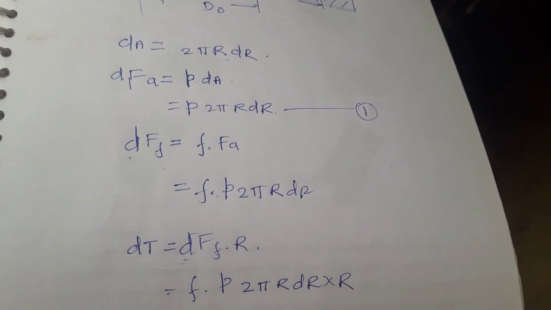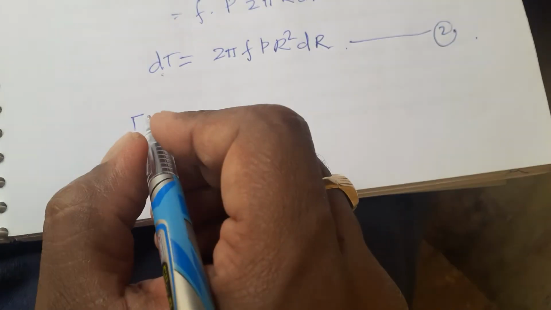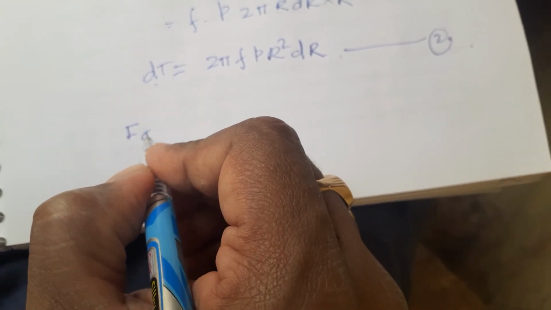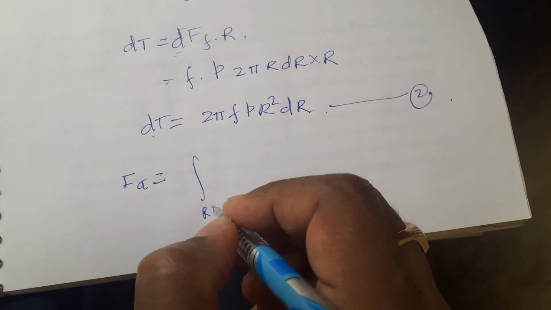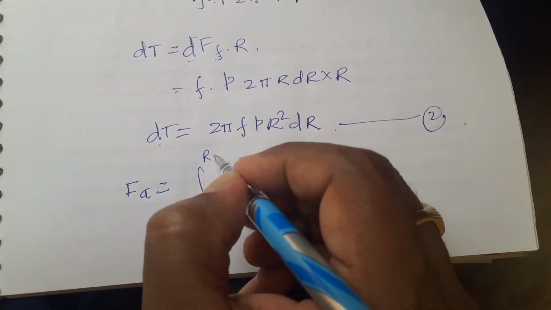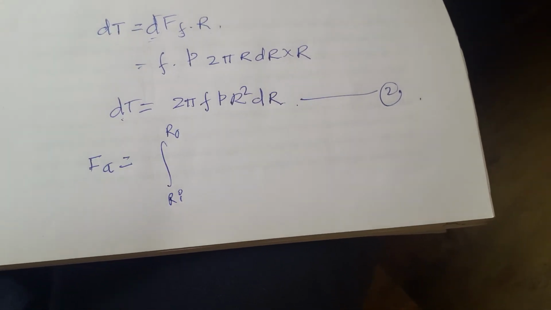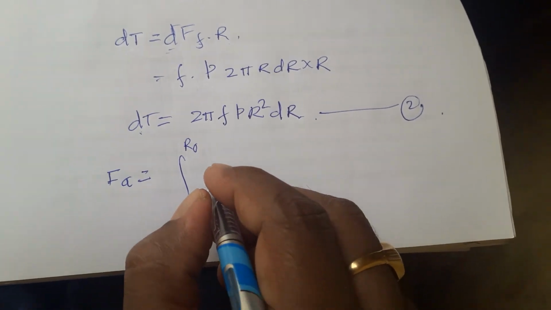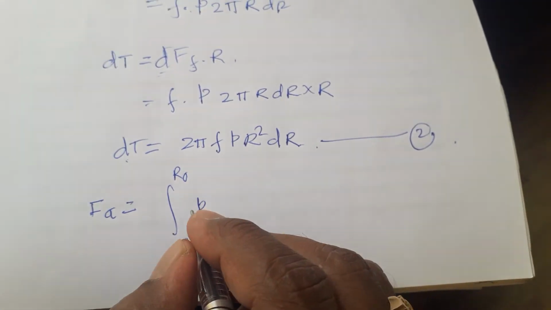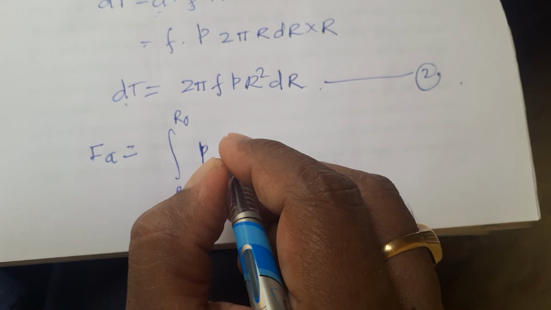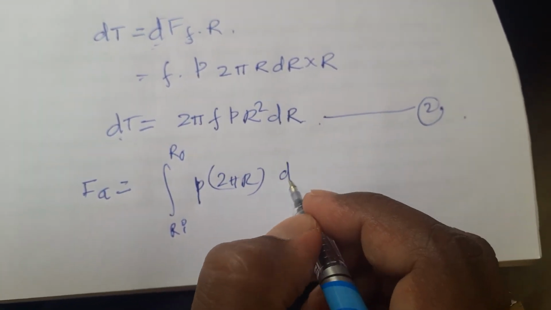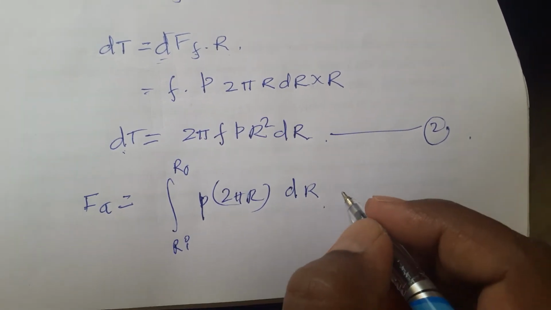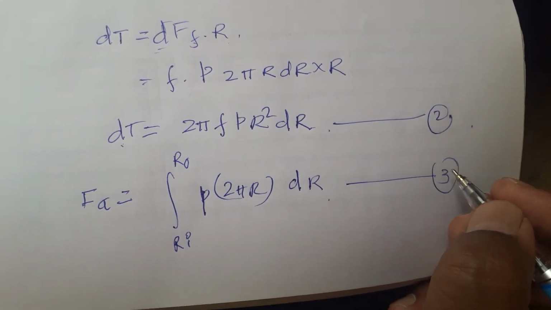So equation 1 becomes Fa, going from inner radius to outer radius, into pressure, we all know 2 pi r dr. This is our main equation, I can say the third equation.